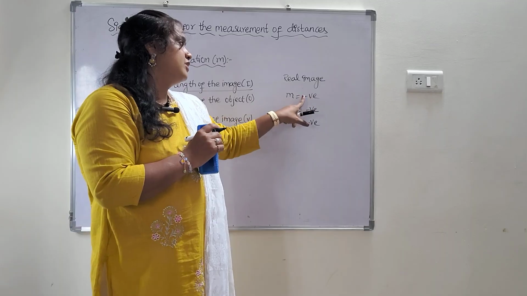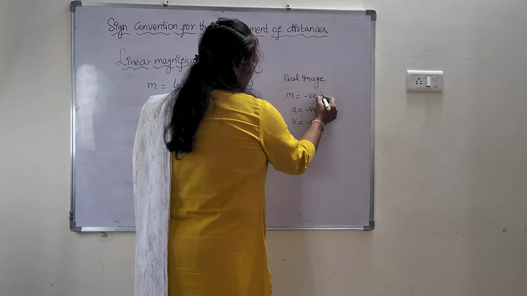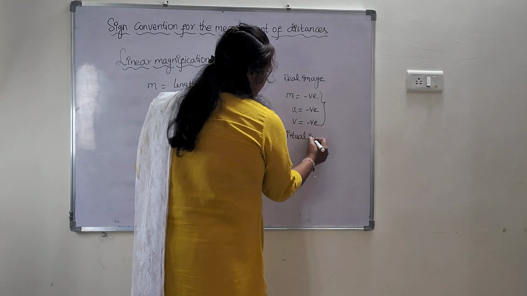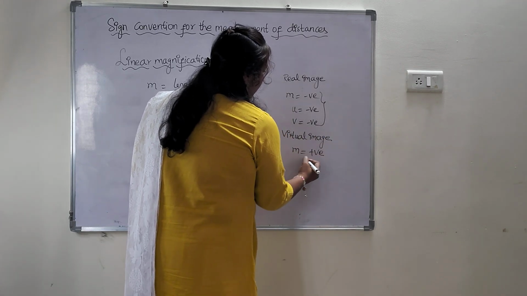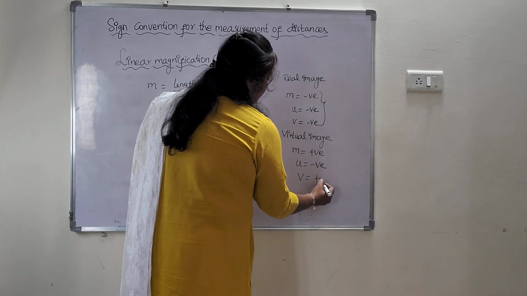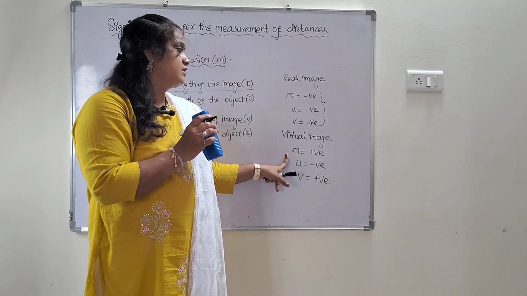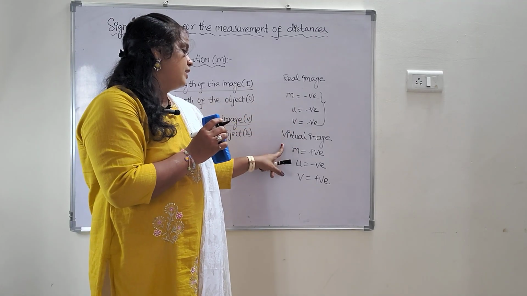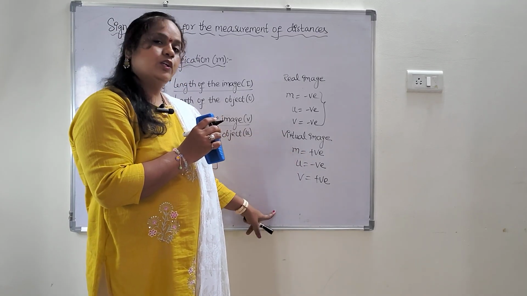Next, for virtual image, M will be positive. Why? U will be negative, V will be positive. Whenever you substitute, you will get M positive only. So for real images, magnification will be negative; for virtual images, magnification will be positive. This is tip number 2.